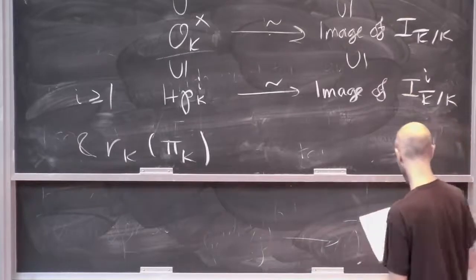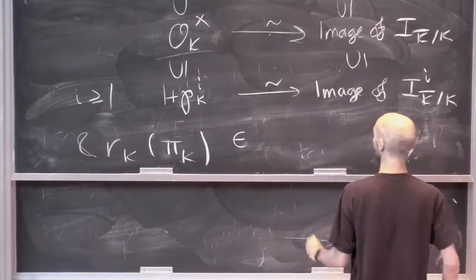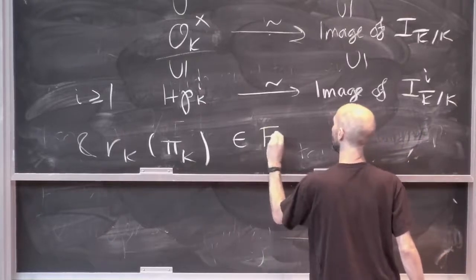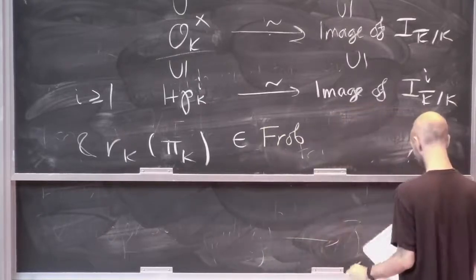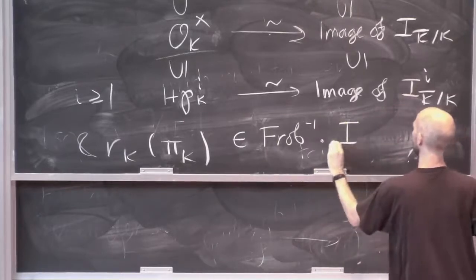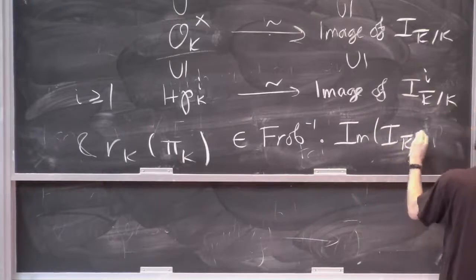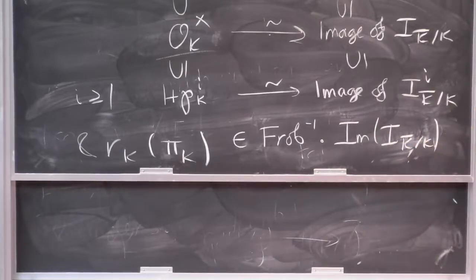And R_K of π_k lives in, let's say, Frob inverse times I_{K̄/K}, the image of I_{K̄/K}. Where's my Weil group? Have I lost my Weil group? Yeah, I've lost my Weil group.